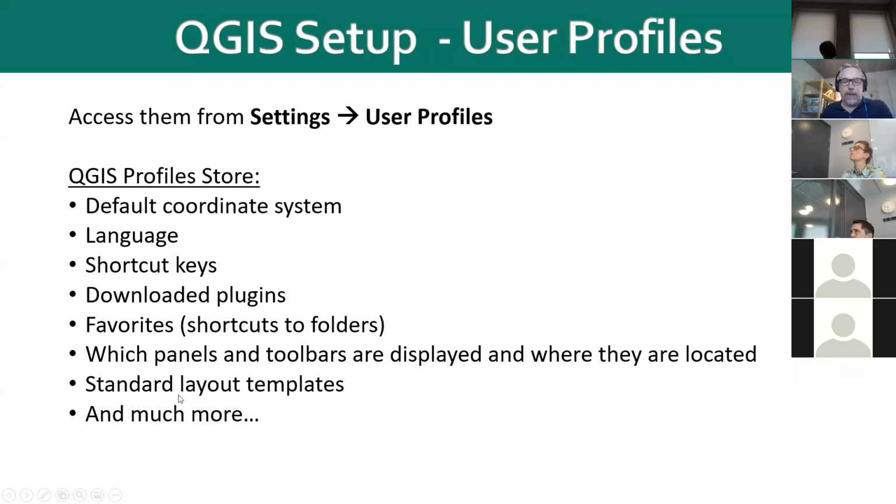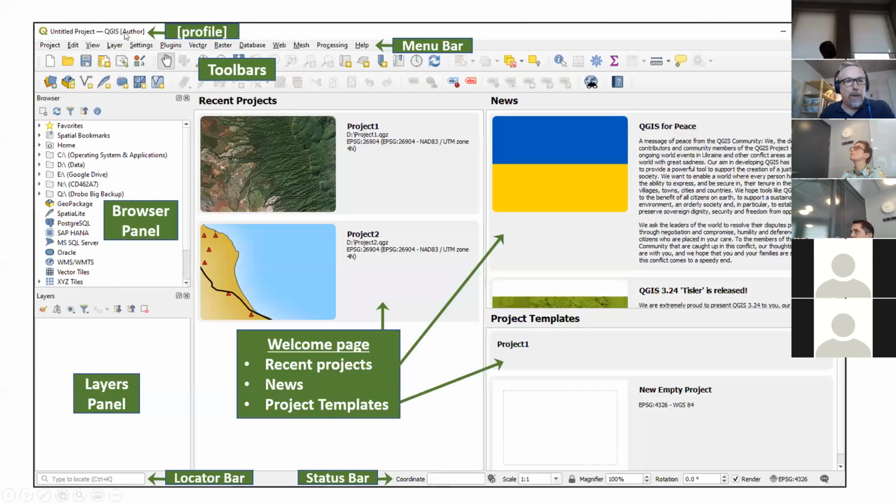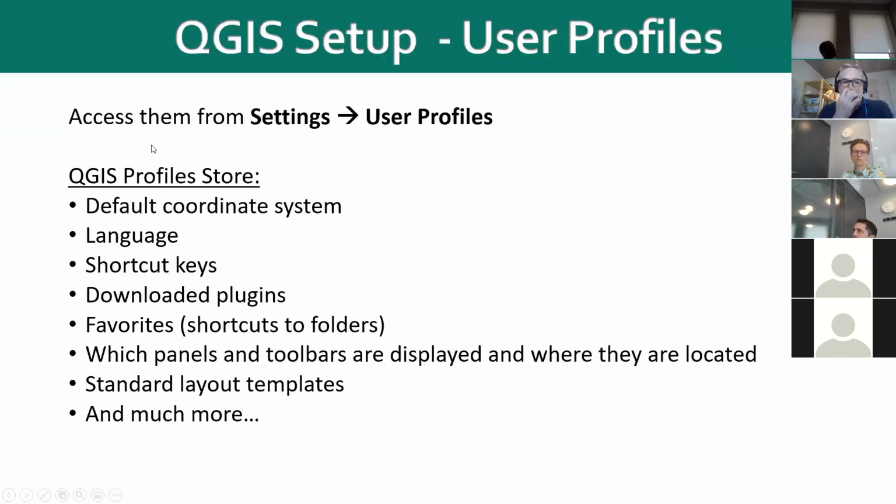So the user profiles. If I've saved my project, I'll see the name that I saved it as. And if I am using a specific profile, it will be in these square brackets up here. The profile stores things like a default coordinate system. You can set the language, so your profile might be in Danish, and you're using the Danish translation of QGIS.